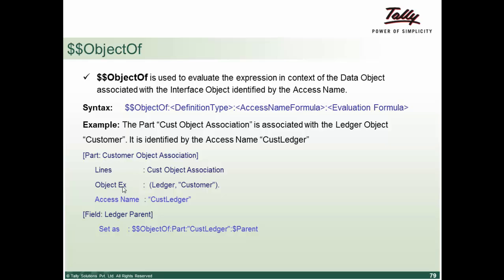So line object EX, ledger object associated to customer, access name is cust ledger. Now I want to retrieve the value based on the access name available on this field. So we can say $object of, definition type part, access name cust ledger. What do you want to retrieve? The parent. So to retrieve the parent.